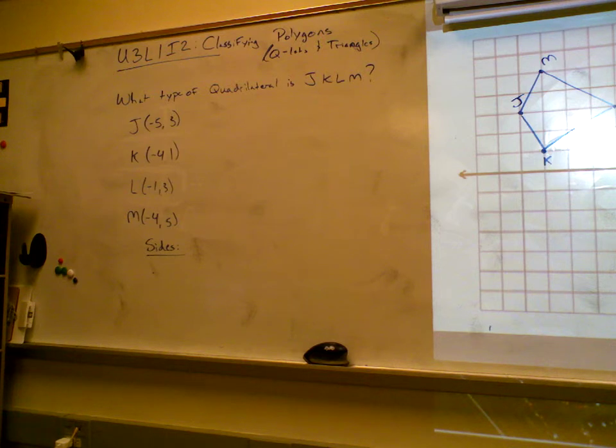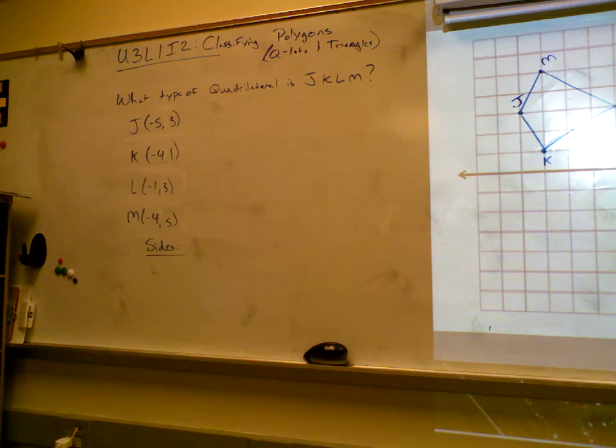Opposite sides. If it's a parallelogram, opposite sides are parallel, right? Is that true for a kite? No. Okay. So how do I determine the sides are parallel? What do I use?